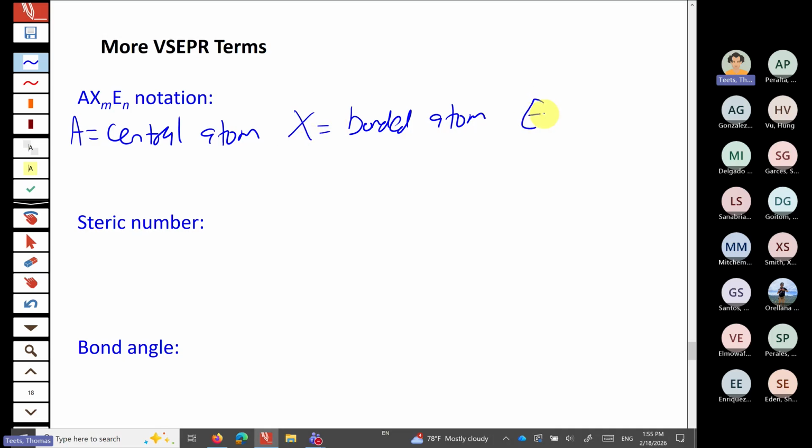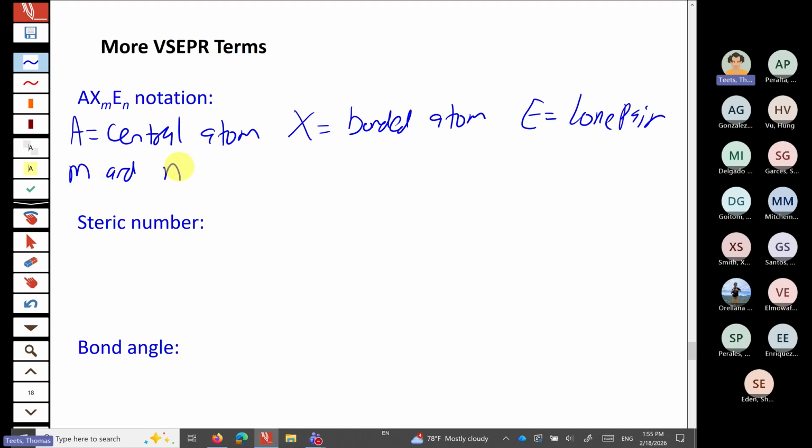But E is the number of lone pairs around the center atom, which in the chemical formula we don't define, but for this notation we need to include it because that's going to determine both the electron group arrangement and the geometry. Then in this formula, the m and the n that I've indicated are subscripts that tell you how many of each you have.